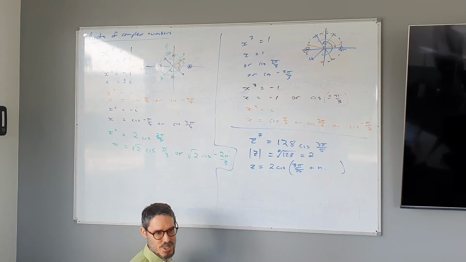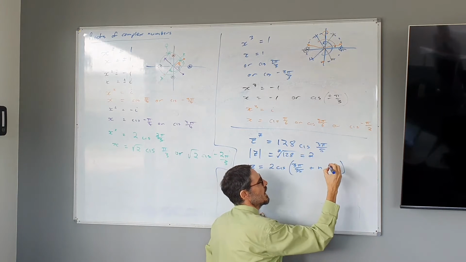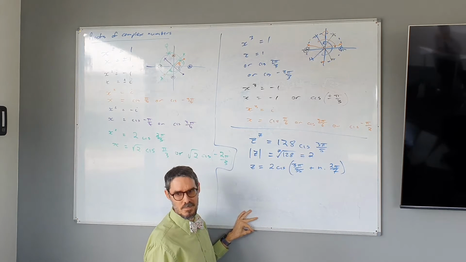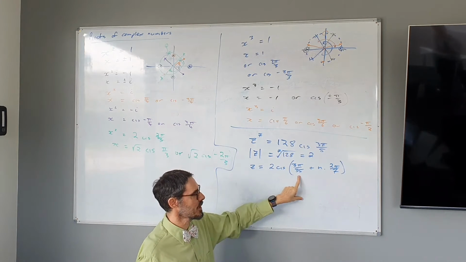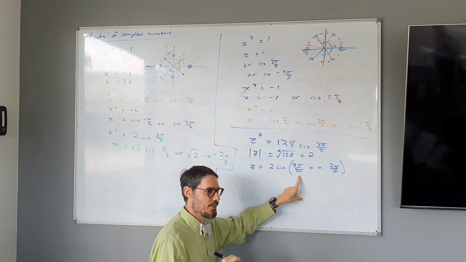I want to divide the circle into how many equal parts? 7. N lots of 2 pi on 7, which is how many on 35? 10 pi. 10 on 35.